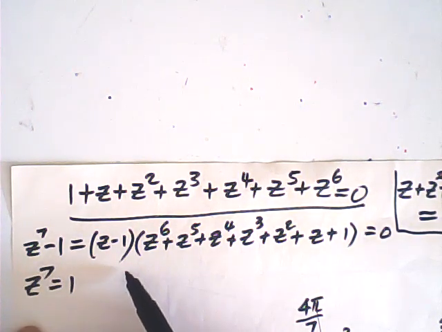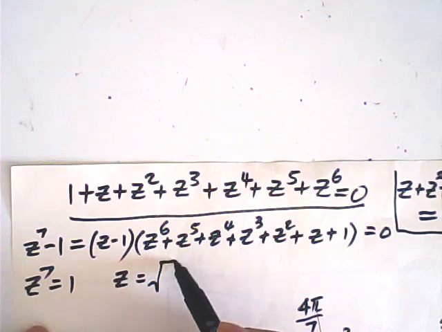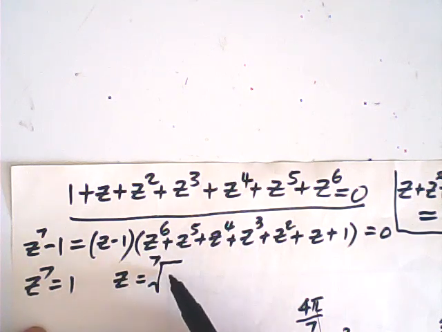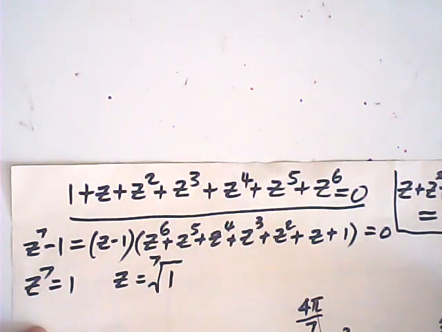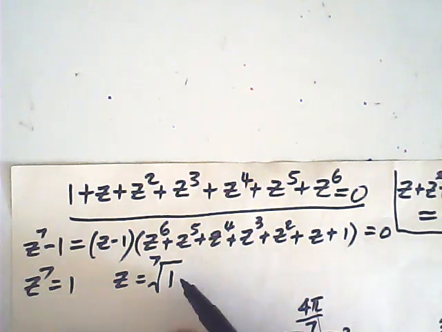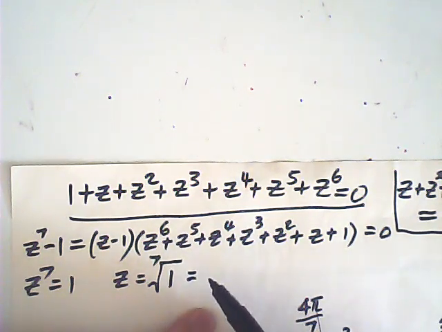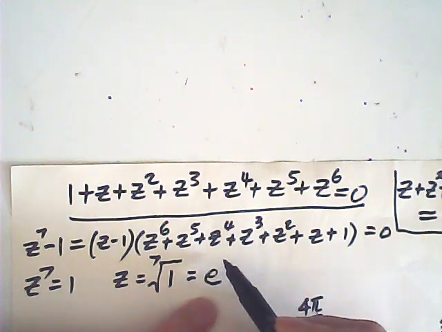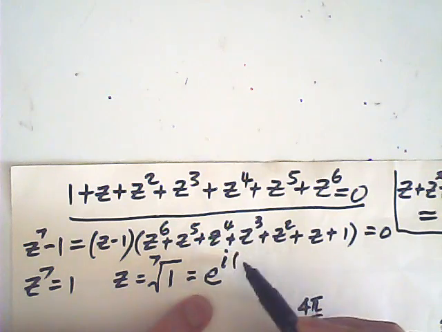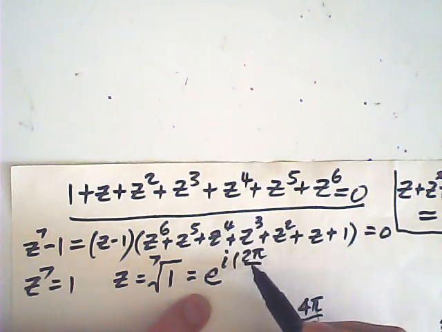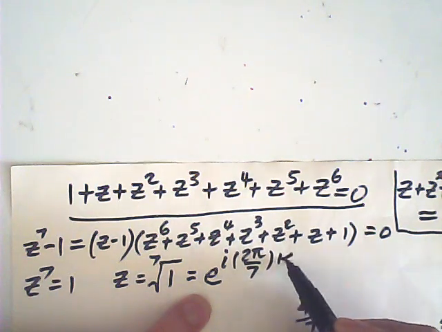Which means Z is equal to the seventh root of 1. That is something which is very interesting. Okay, so this one is equal to e to the i 2 pi over 7 k.